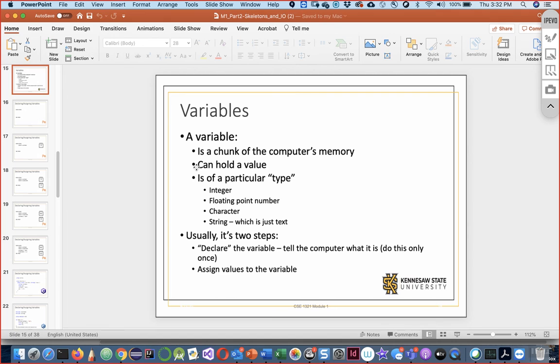In integer division, we get an integer result. In order to get a floating point or decimal result, at least one of the numerator or denominator needs to be float or double. If either the numerator or denominator has a decimal point, then your result will have a decimal point.